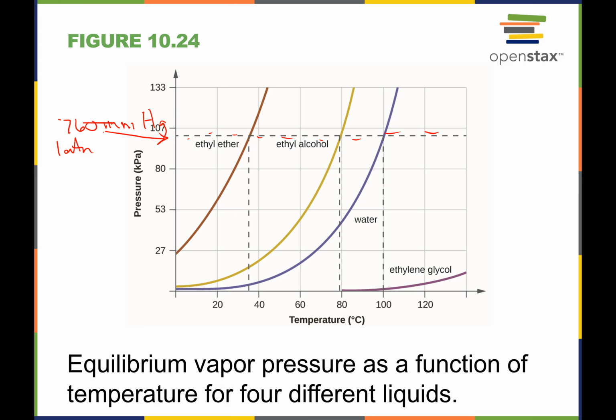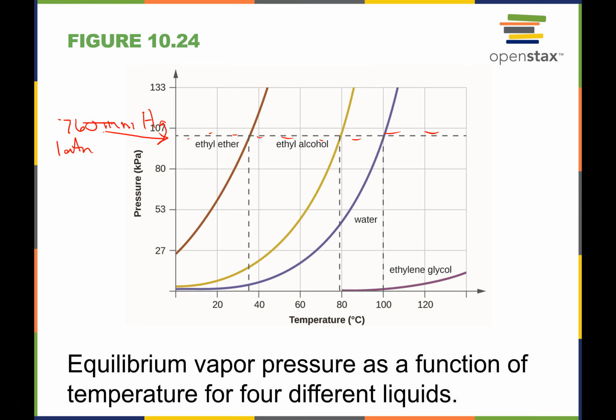In general, the surface of the Earth runs about 760 millimeters of mercury, 1 atmosphere, plus or minus the weather fronts coming through. So that is atmospheric pressure. The other day, we said that when something boils, its equilibrium vapor pressure is equal to the pressure of the atmosphere.